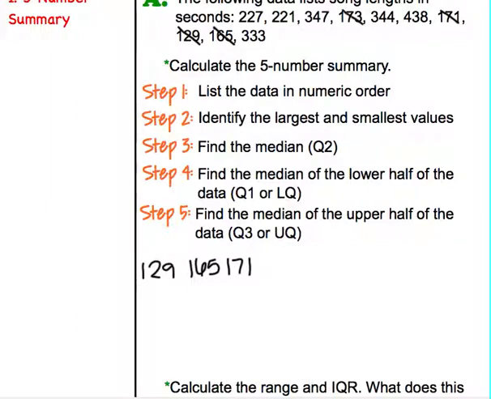And then 173. And you can put commas in between if you want. I choose not to. 221. Then 227. And then we jump to 333, 344, 347, and 438.